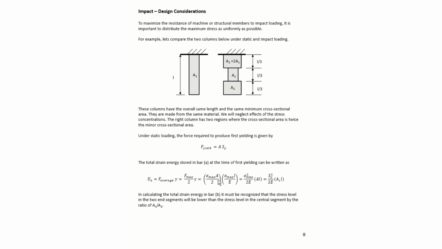When we propagate this in terms of stress, we can see that this turns out to be Sy squared over 2E times A1 L. Now, in calculating the total strain energy for bar B, it must be recognized that the stress level in the two end segments is lower than the stress in the central segment by a ratio of A1 over A2.